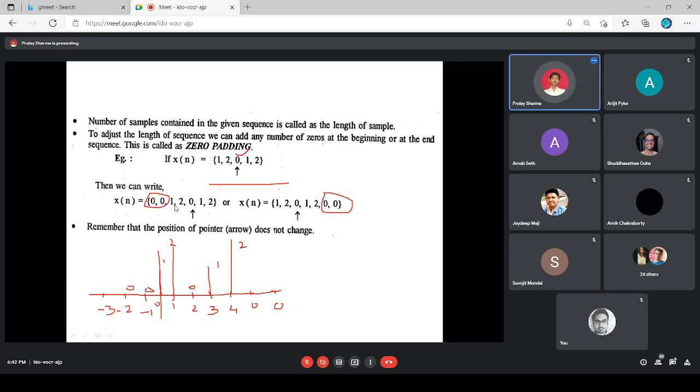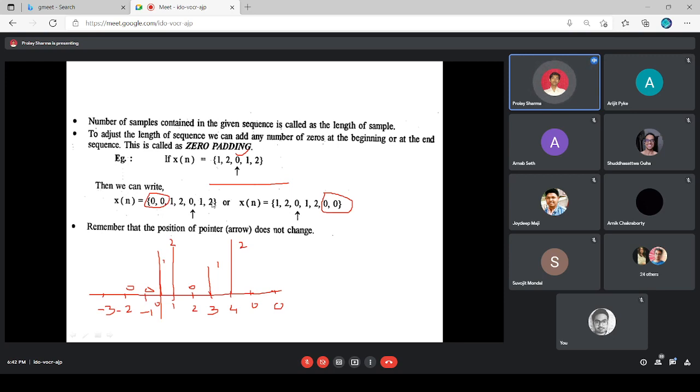Suppose 2 zeros are padded with the signal in the front position, then the signal will look like this. And now the length of the signal will be 1, 2, 3, 4, 5, 6, 7. Length of the signal after zero padding is 7.